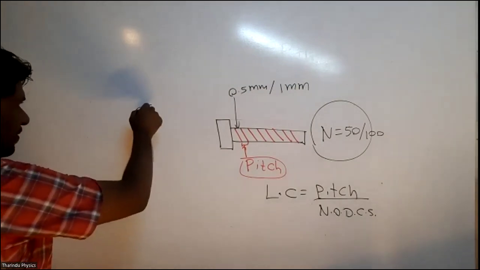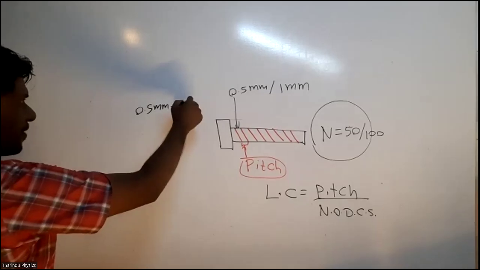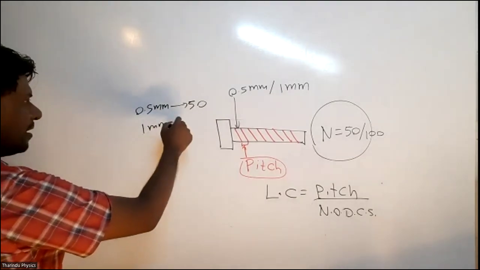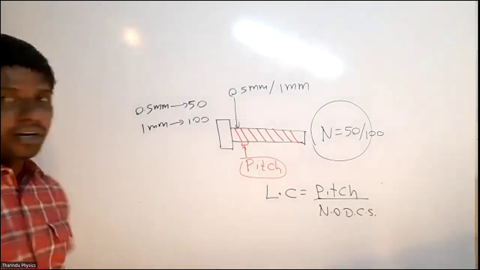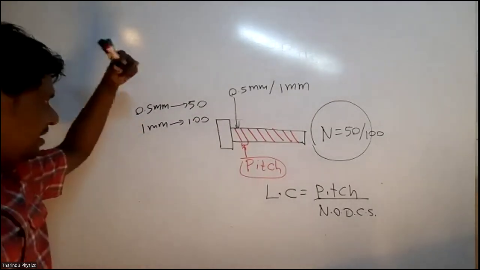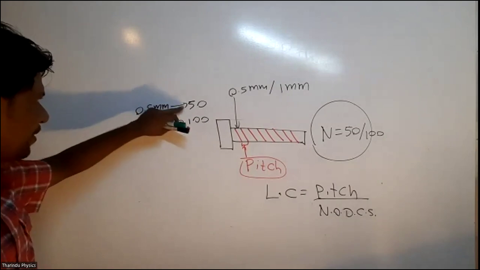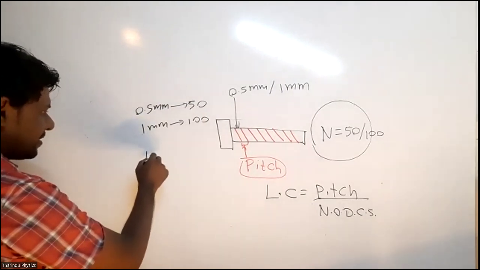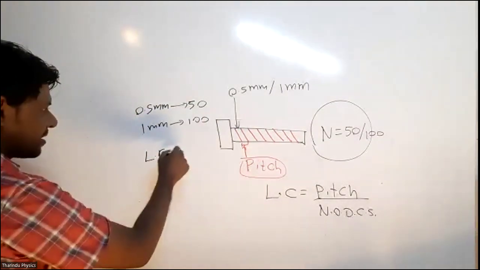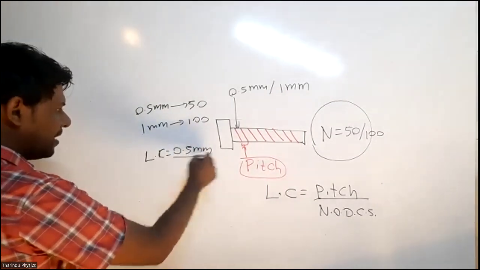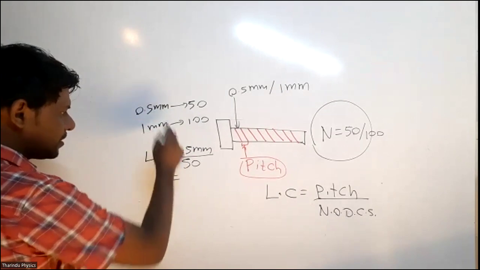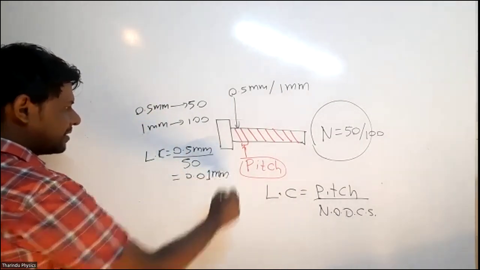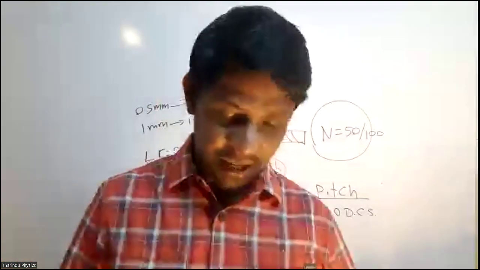So 0.5 millimeter and 50 divisions, and 1 millimeter and 100 divisions normally come up as a pair. For the instrument with 0.5 millimeter and 50 divisions in the circular scale, the least count is 0.5 millimeter over 50. So the answer will be 0.01 millimeter. This is a rapid revision of what we learned last week.